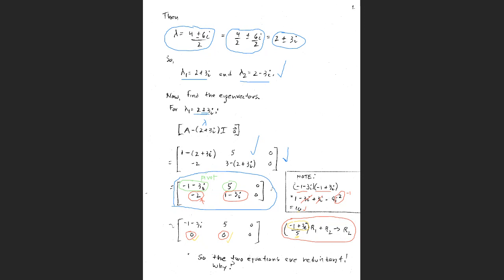Very interesting. What's this mean? It means the two equations, or the two rows, because the rows are equations, turn out they're redundant.